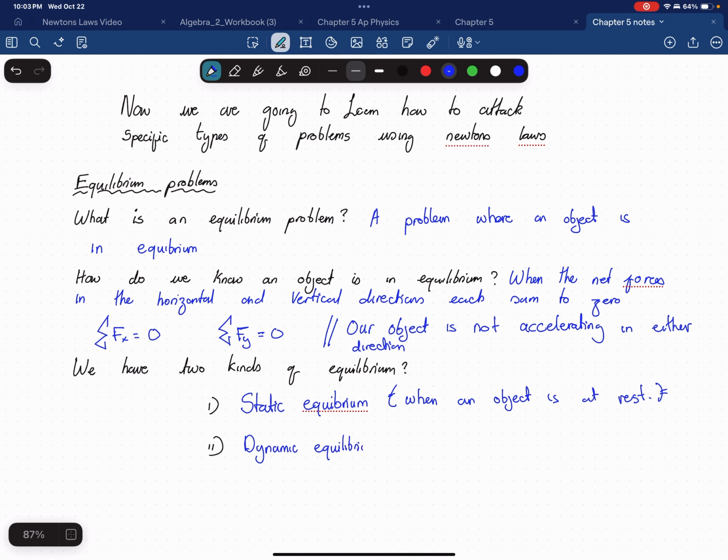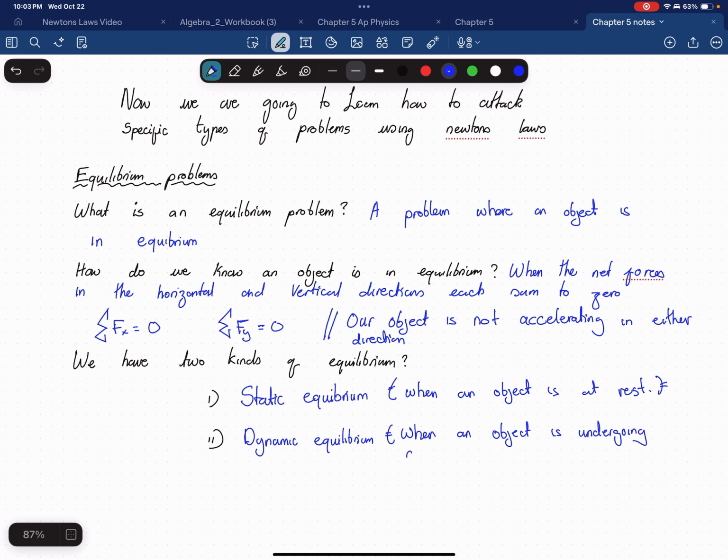This is when an object is undergoing constant velocity. If the velocity is constant, we are not accelerating.